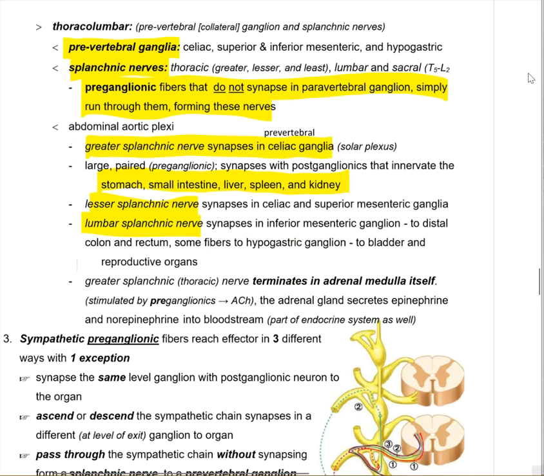Those I'm less concerned about, but we'll just say what these innervate in general. These innervate the intestines, reproductive organs, and bladder. Okay.